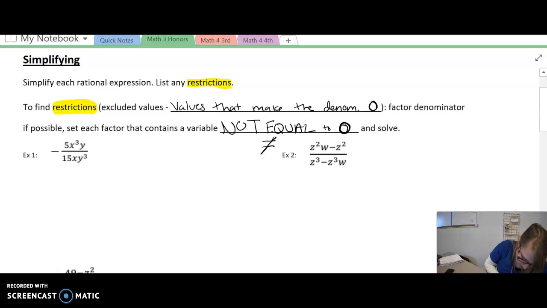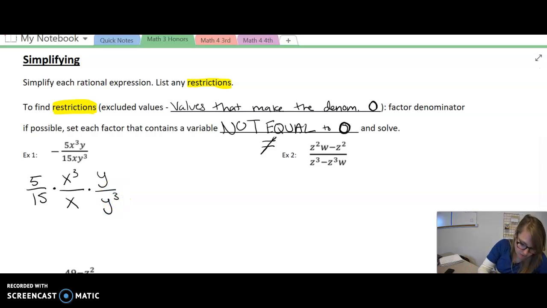Say we have 15 over 5 multiplied by x to the third over x, and then y over y to the third. For my 15 over 5, I know that reduces to 3.